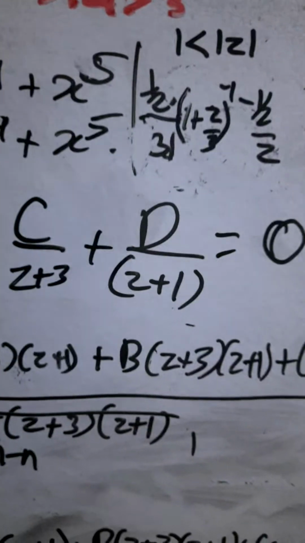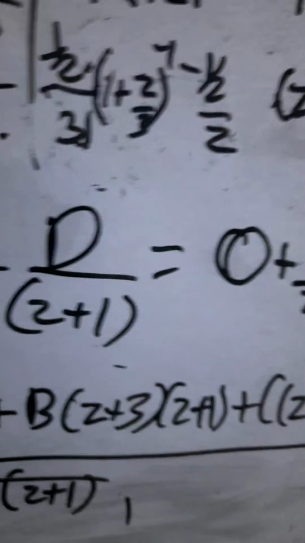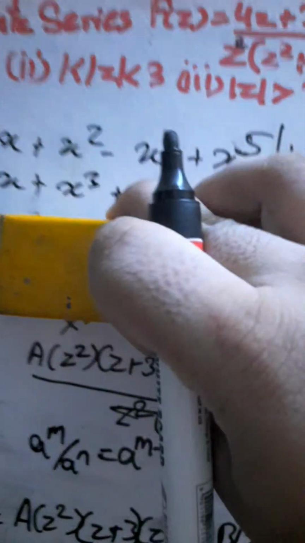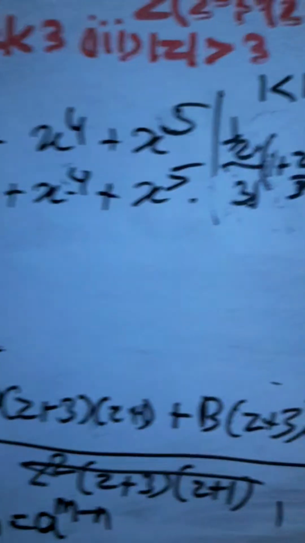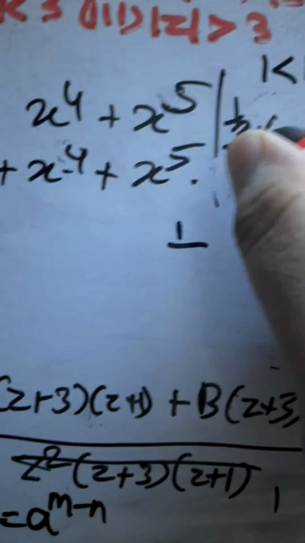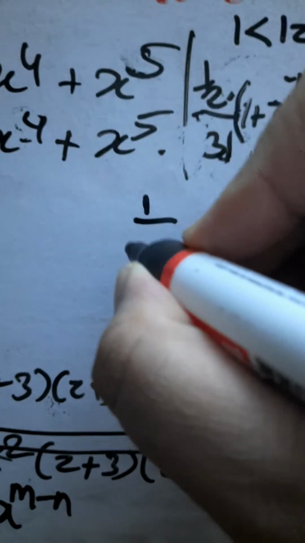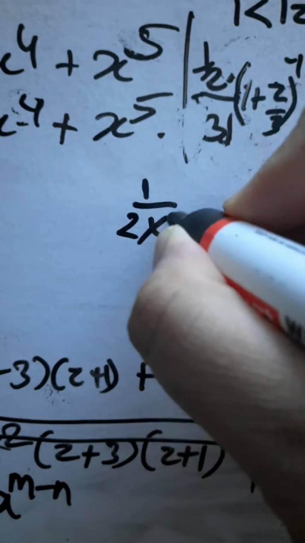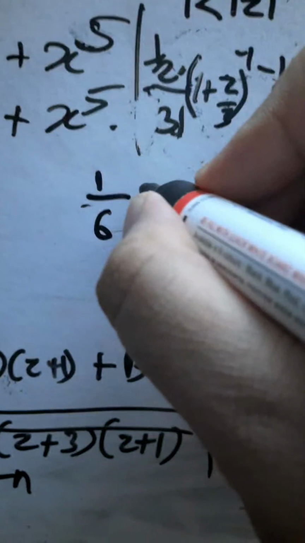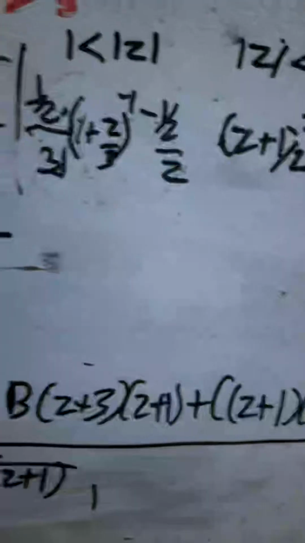Now I have to erase something. Let me erase this. I guess you know the fraction, right? Now numerator's denominator is denominator, so 1 into 2 into 1 by 2 into 3 is 1 by 6.